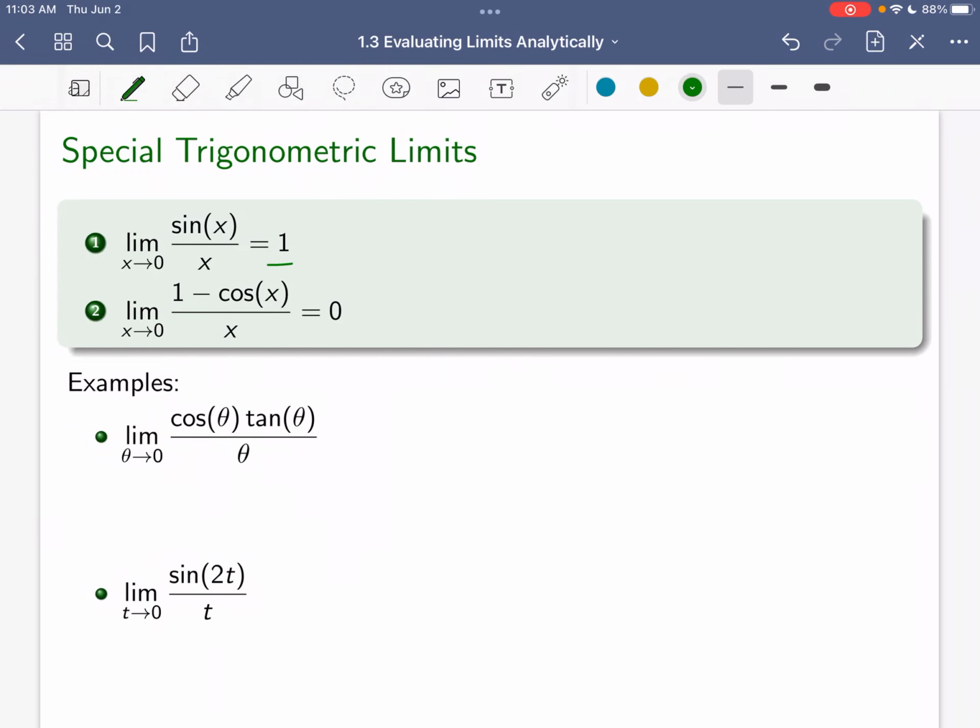We have our same trig limits from up above. Here we have the limit as theta approaches 0 of cosine theta times tangent theta over theta. If we do direct substitution, we will get 0 over 0, so we need to do some work. Let's change the tangent into sines and cosines.